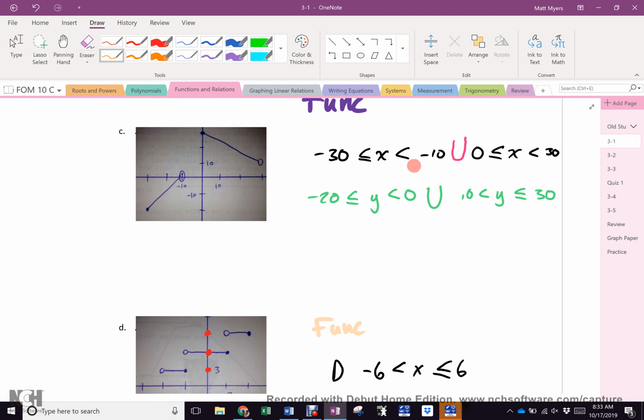Start with a round or a square bracket. Why is it square, Ms. Khan? Because it's got an equal sign. Square bracket, and then what do I write? -30, comma, then what? -10, and what kind of bracket? Round, because I don't actually hit -10.